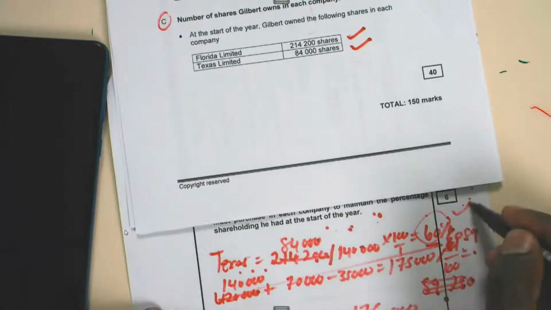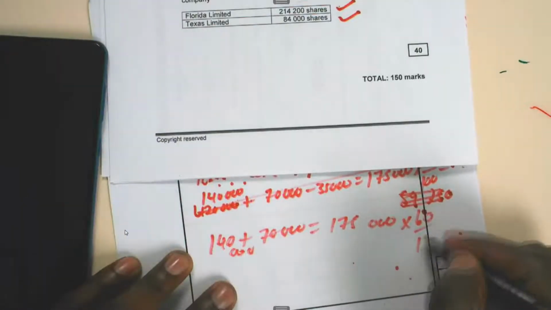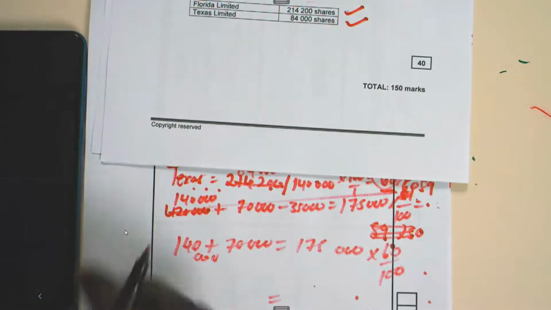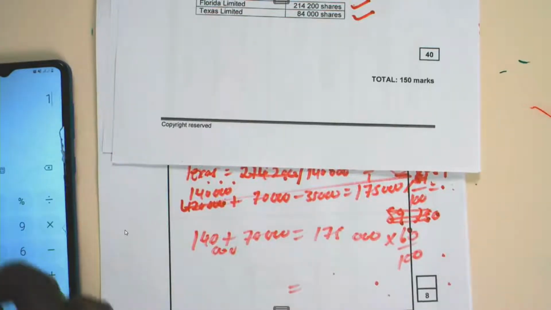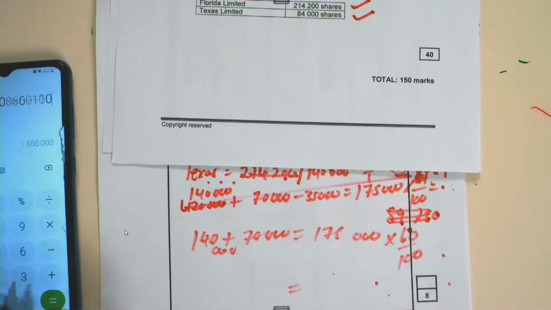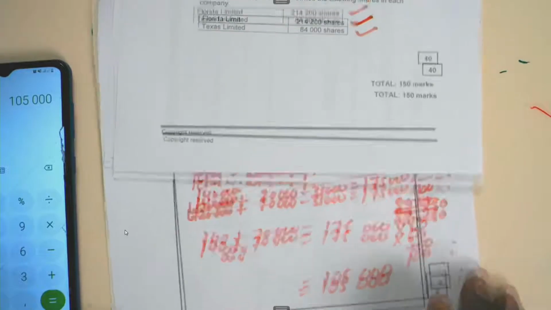If we want to maintain his 60%, we must multiply this by 60 over 100. 175,000 multiplied by 60 divided by 100. This means he must have 105,000 shares.